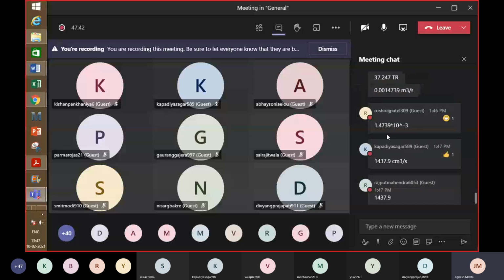Yeah, it's the same number, but here it's written wrongly. So that's the volume flow rate, 1474 centimeter cube per second.